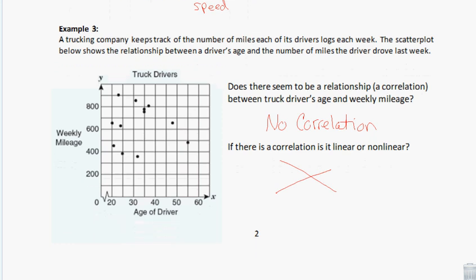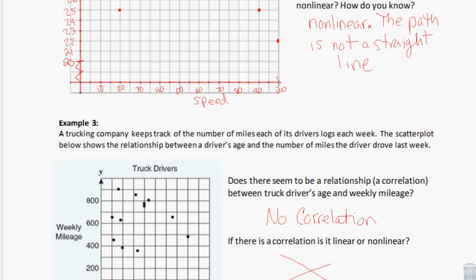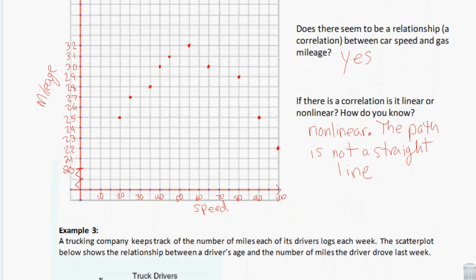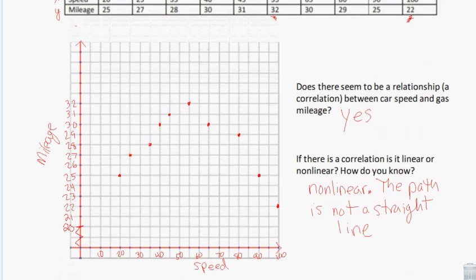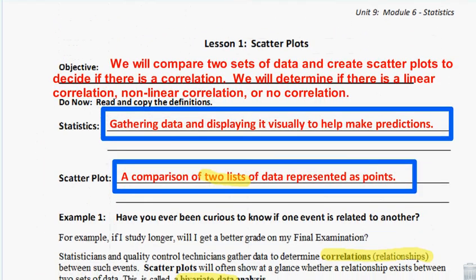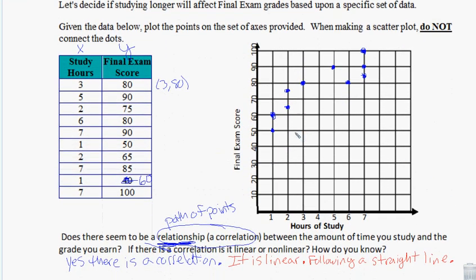So, moral of the story, what scatter plots are for is to compare two sets of data to see if two things have something in common, to see if there's a relationship between them. If things have something in common, the points will make some sort of path. Sometimes the path will be linear.